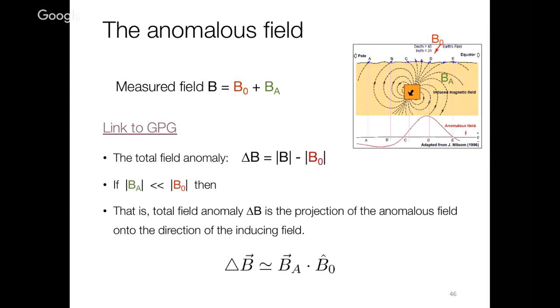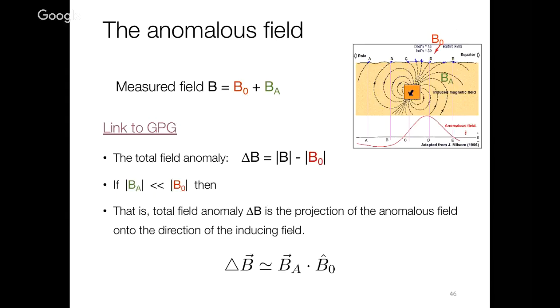If you're sitting up here, and suppose you've got some B naught that's coming in like this, and now we've got an anomalous field sitting up over here, then if this anomalous field is opposing this, then this value here will be the combination, because it's vectors.